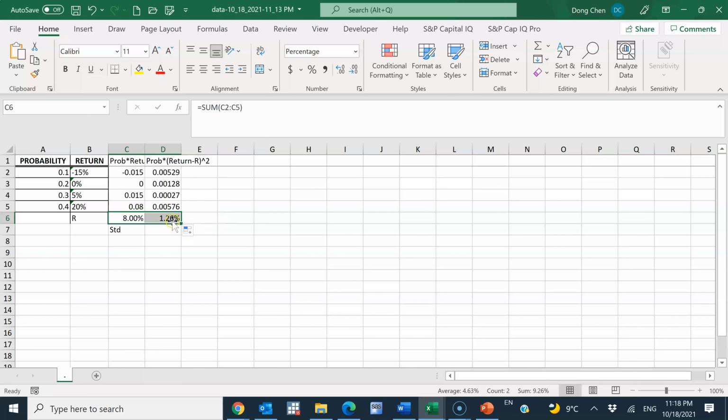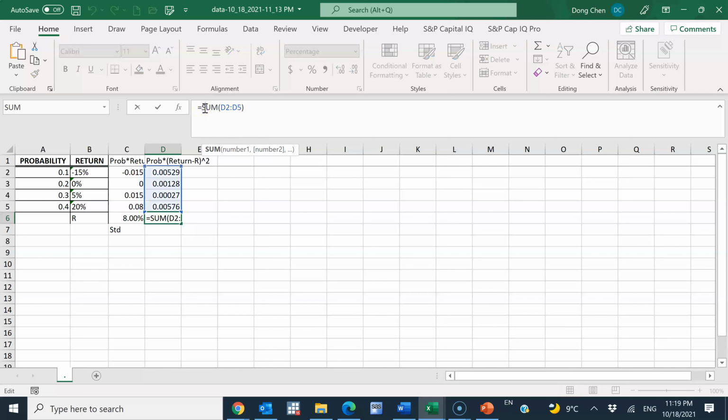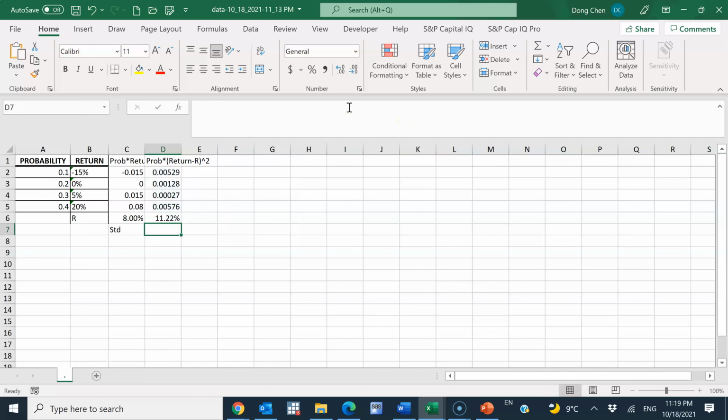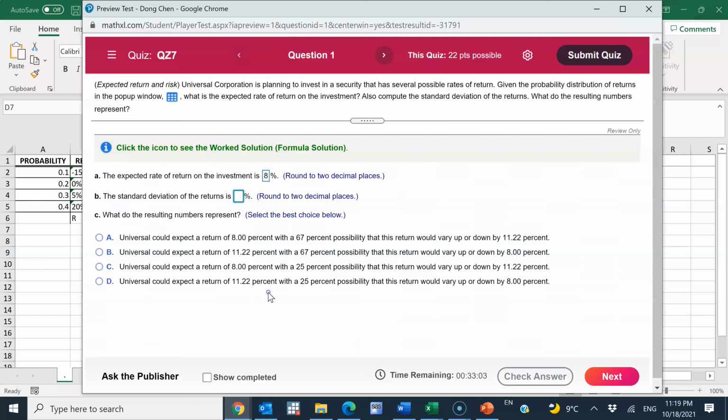So this can also automatically calculate this for me. But remember, this is only the weighted average of the squared deviation, but we also need to take the square root of that to calculate the standard deviation. So standard deviation now becomes 11.22%. That's also consistent with this rounding requirement.